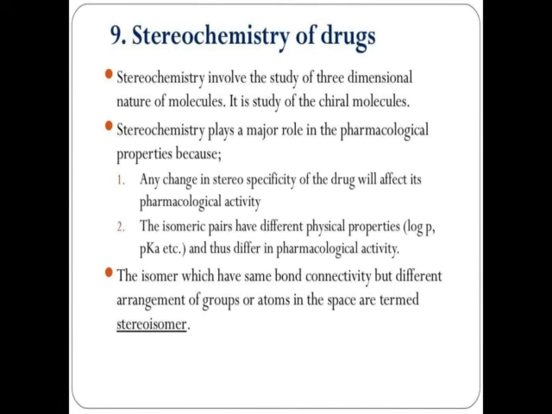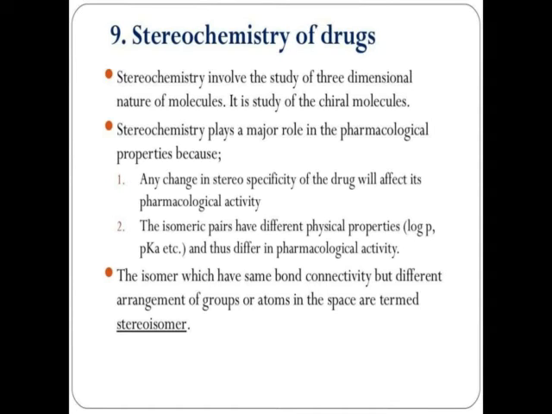Then, stereochemistry of drugs. Drugs have different kinds of stereochemistry or isomers if the drug has an asymmetric center. Any change in the isomers or the stereospecificity of a drug will affect the pharmacological effectivity.